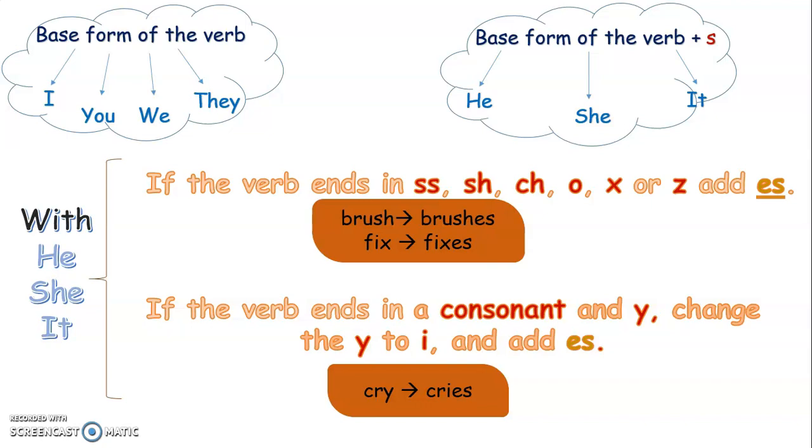However, if we have a verb that ends in y preceded by a vowel, we only add s to the verb. Like when I say pay, pays, say, says, we only add s if the vowel comes before the y.